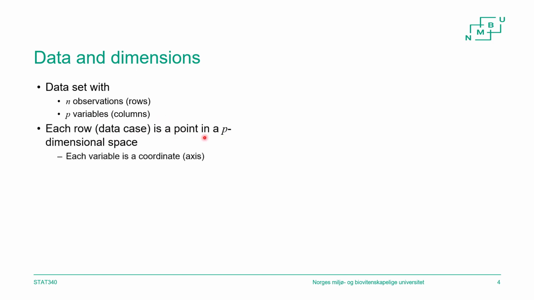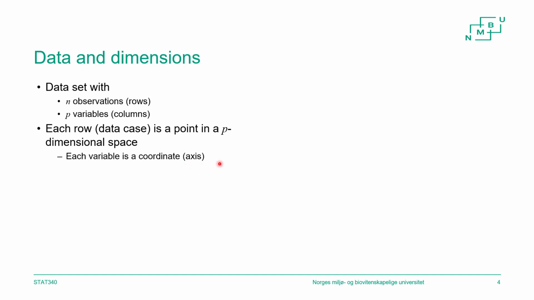Each row or data case we can imagine is a point in a p-dimensional space. Notice it's p because we have p variables, p columns. Each column is a new coordinate, you could say. So each variable is a coordinate or an axis.